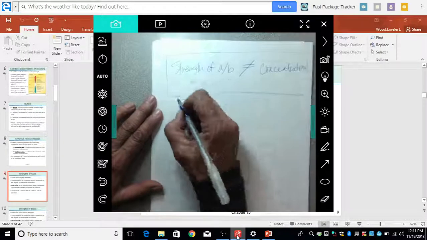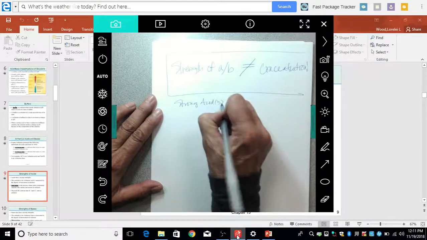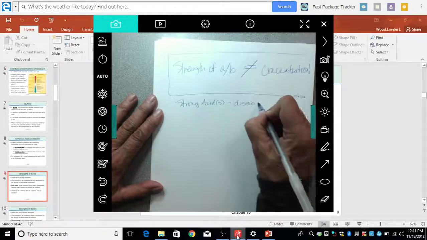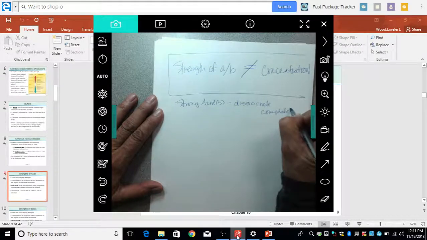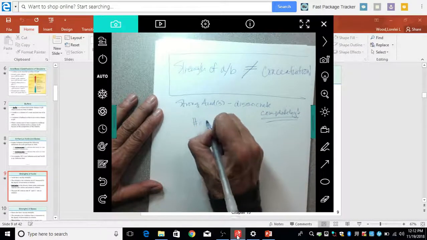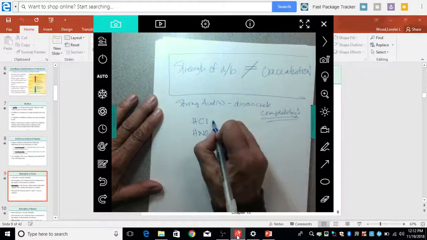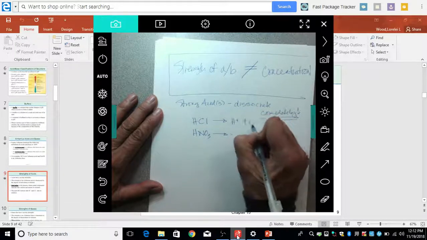All right, strong acid. What happens with the strong acid is they dissociate completely. Meaning every single bit of acid that you put into water completely breaks up into its component parts.